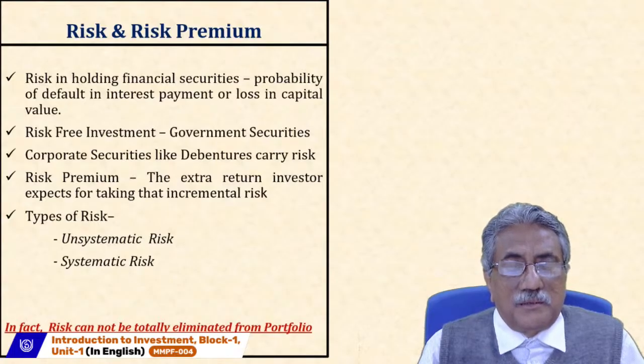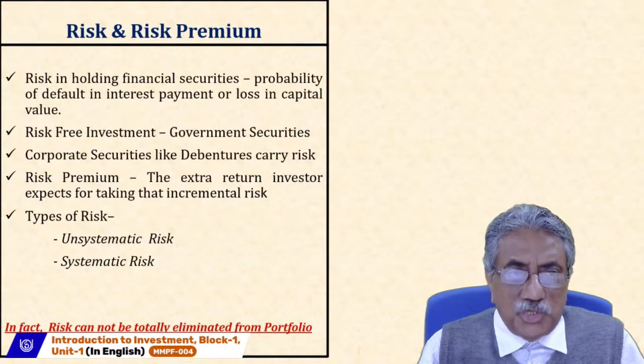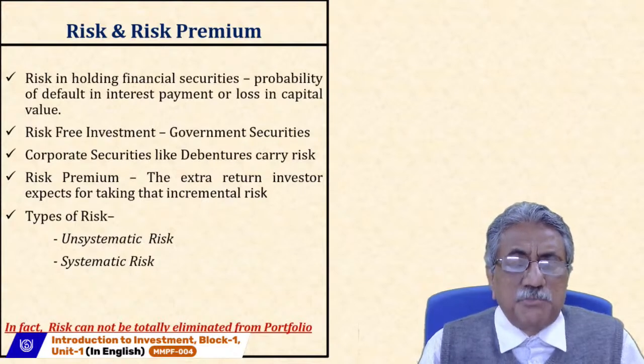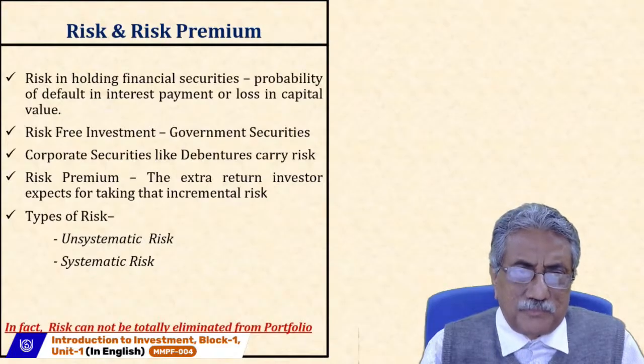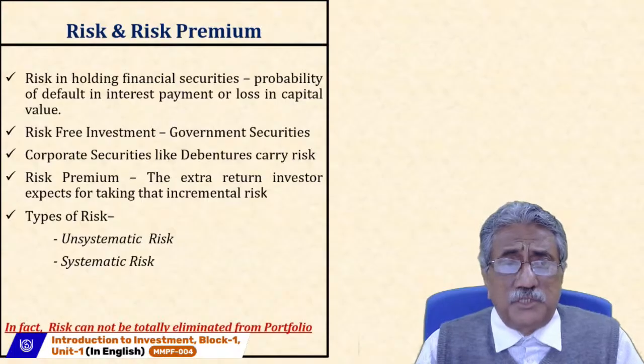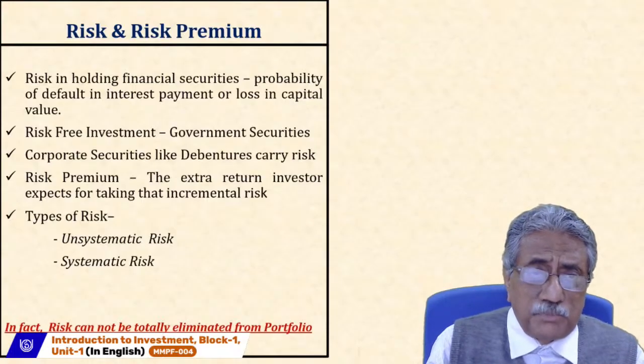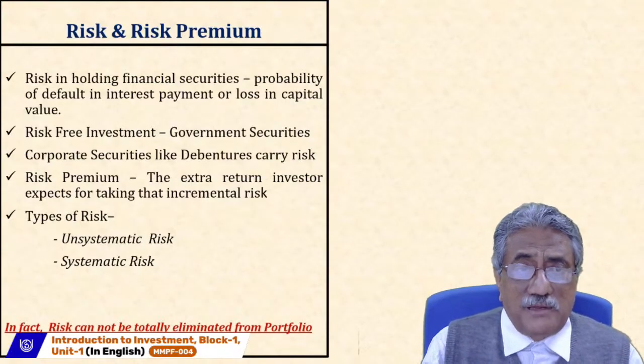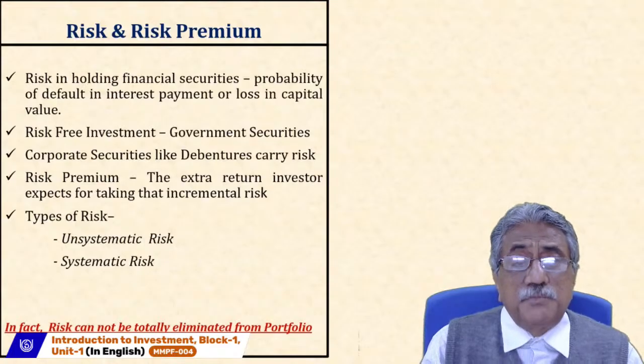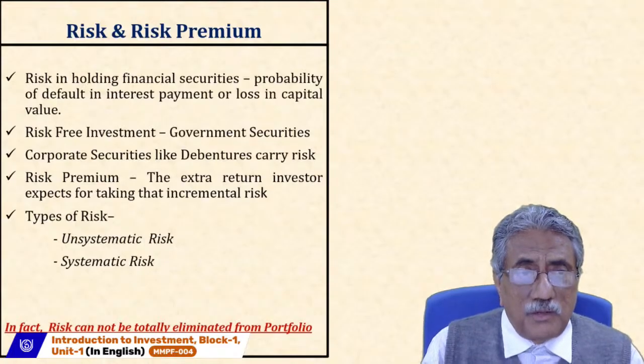The probability is very low for AAA companies, so you will expect a premium because you are taking a risk. But the same debenture, if it is of an unknown company, the risk is high. So you will expect more return.